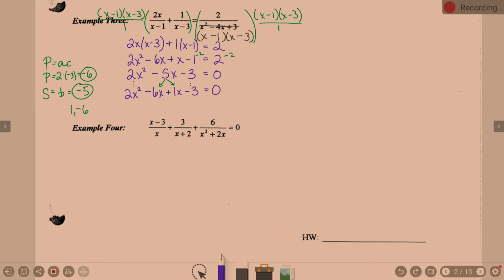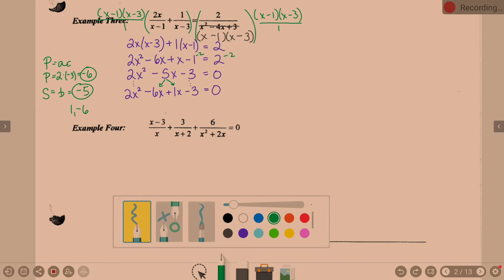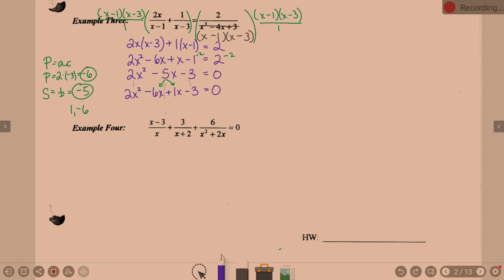Remember, you're doing GCF of the first half. So GCF of the first half, 2x squared and minus 6x. We can factor out GCF of 2x. 2x squared divided by 2x leaves me with x.